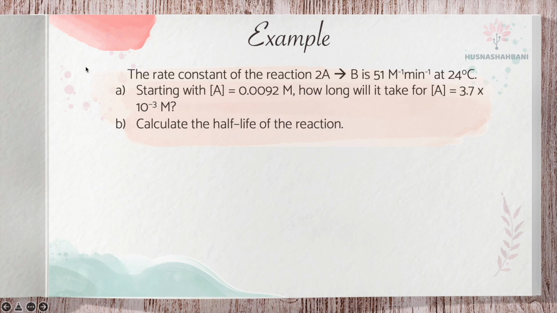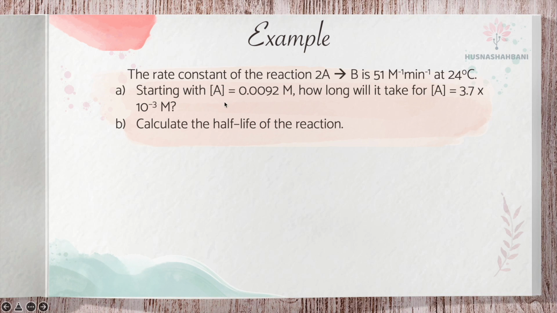Next example, the rate constant of the reaction 2A reactant becomes B product is 51 per molar per minute. So this is the K value. From the K unit, you can know the order of reaction. This is at 25 degrees Celsius.